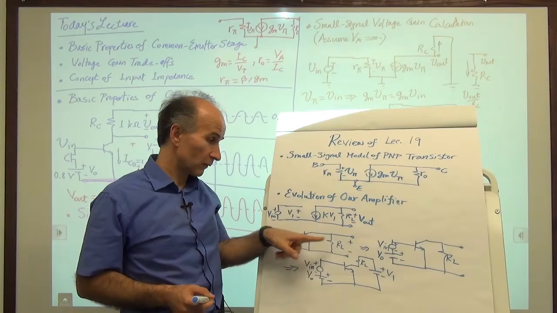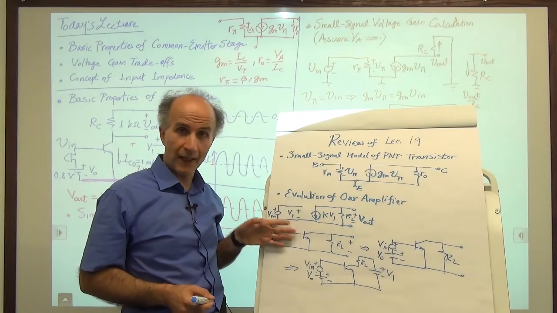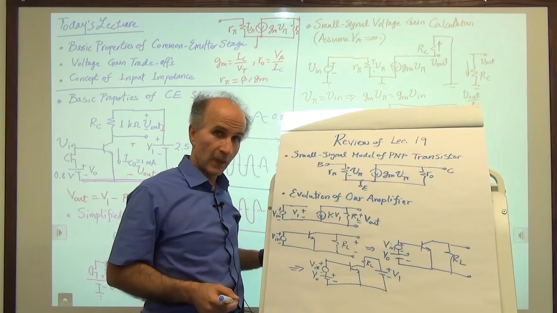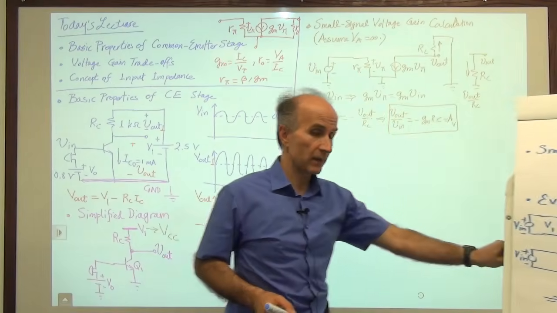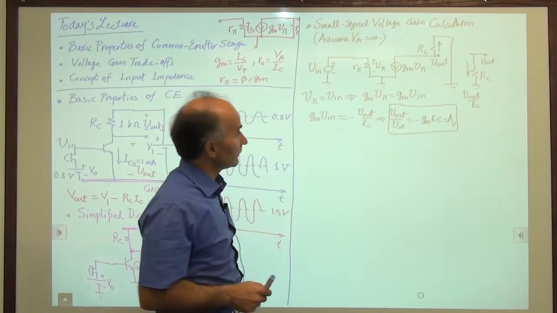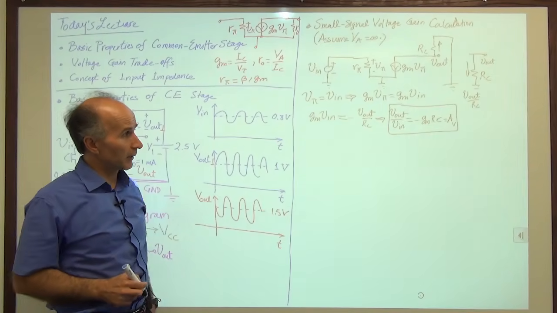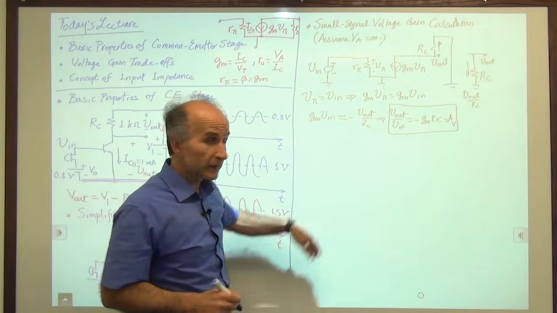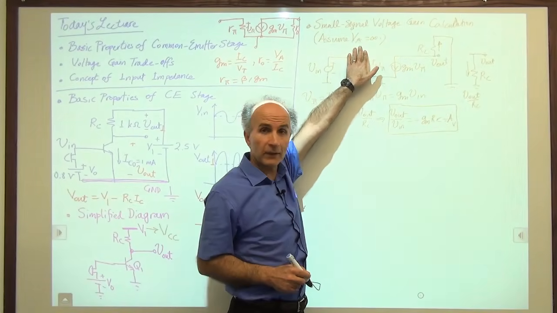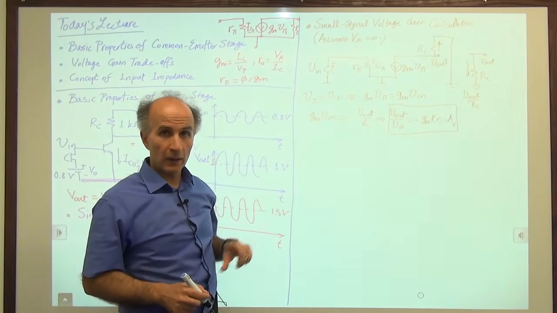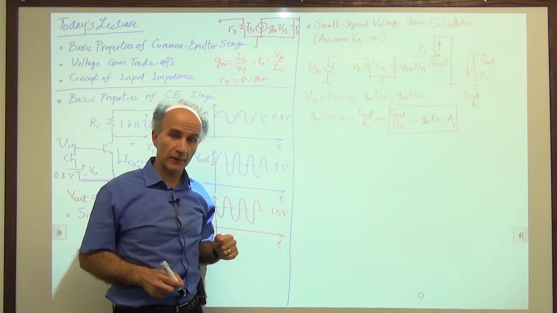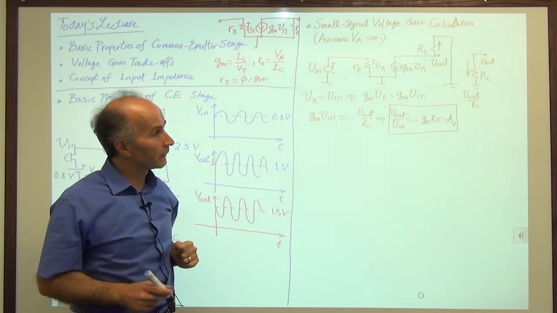If gm is 0, the voltage gain is 0. So the transistor is dead. We get nothing at the output. And this equation exactly tells us the same thing. All right, that is the voltage gain of the simple common emitter amplifier, provided that we have neglected early effect. A little while later, we will consider that. But for now, that's what we have.